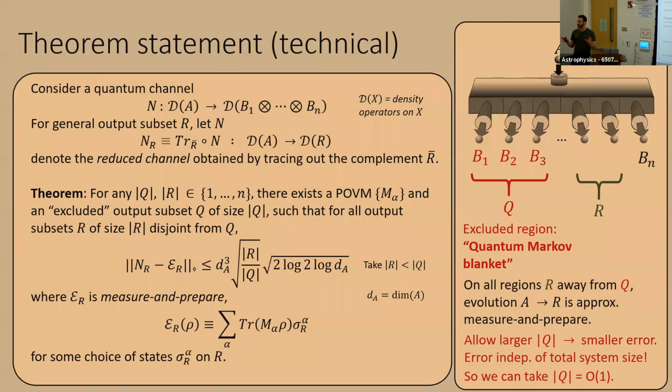Maybe that's a little vague, but I guess if to each small R I do measure and prepare, it's kind of surprising that it's the same measurement. Is it not surprising that to the union of those regions, I don't have measure and prepare, even though I'm using the same measurement for each small region? Yeah, so the idea is that if you're an observer on R1 and you don't know about anything else going on and you just look, what did I learn about A?